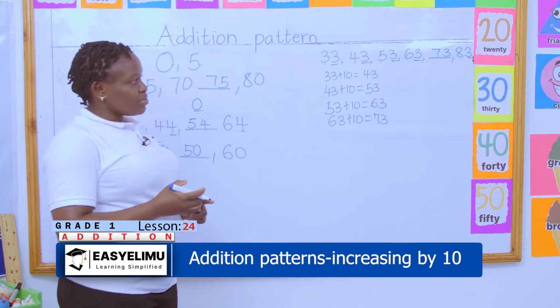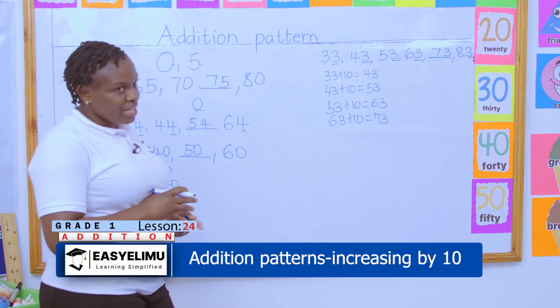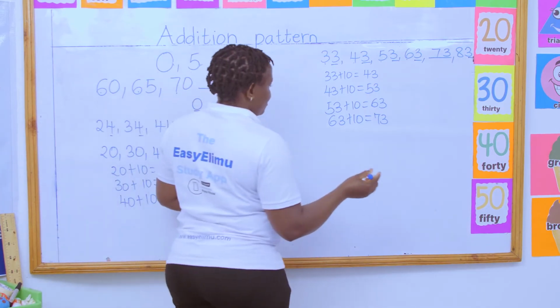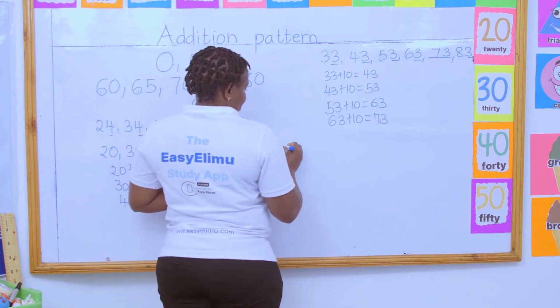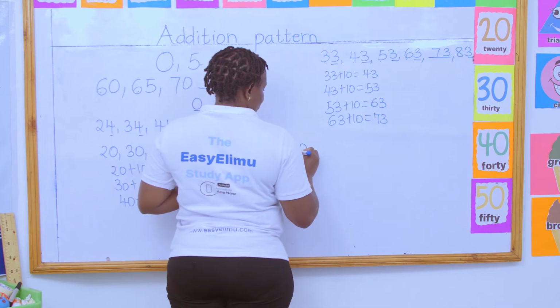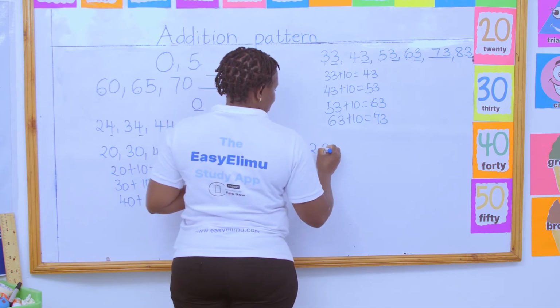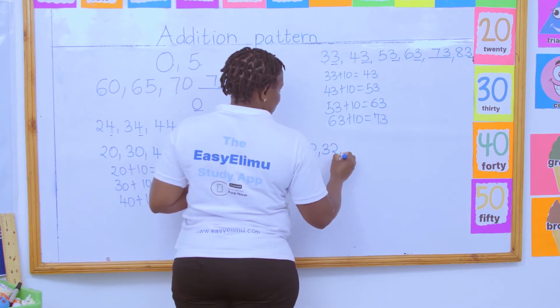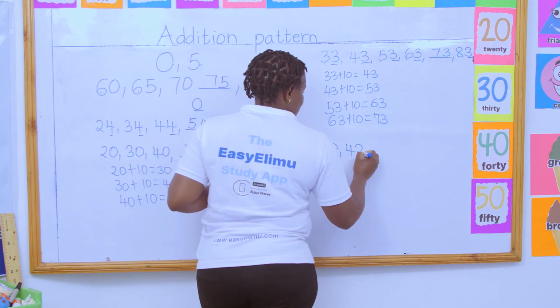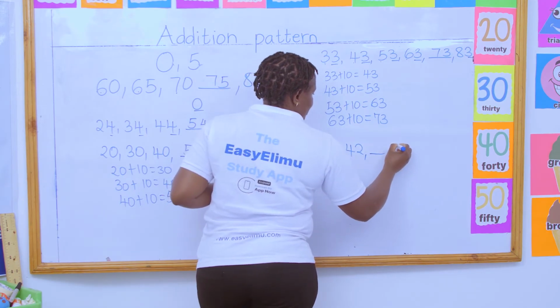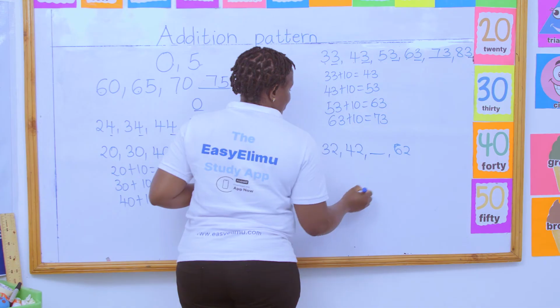Grade 1s, are we together? Is that okay? Now, what if you have been given the numbers like this? These ones, you must calculate them in your books and tell me the missing numbers.